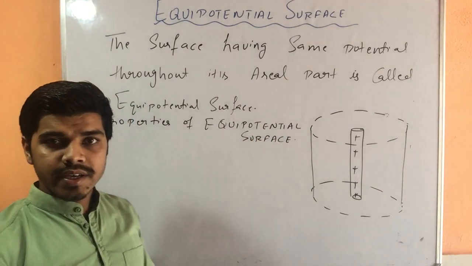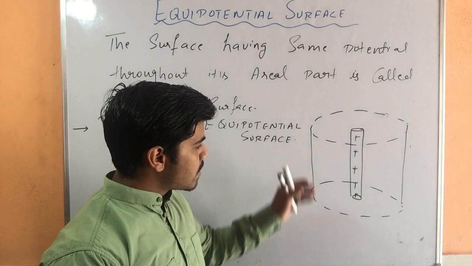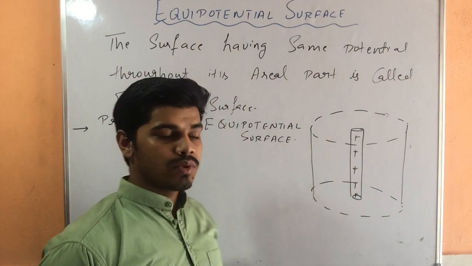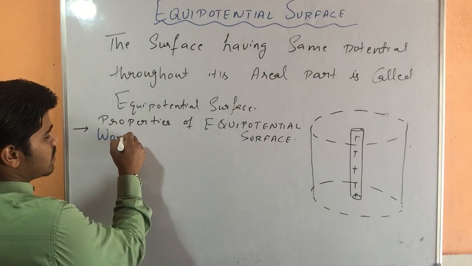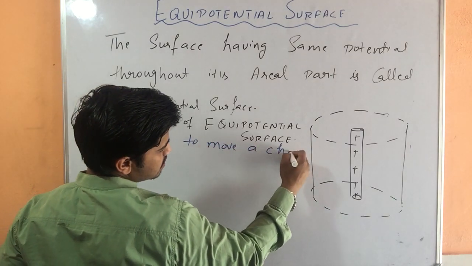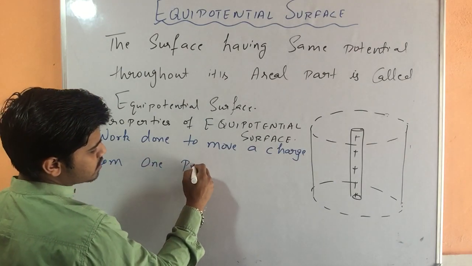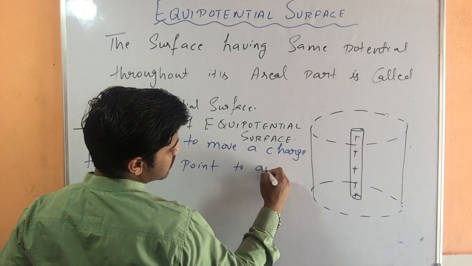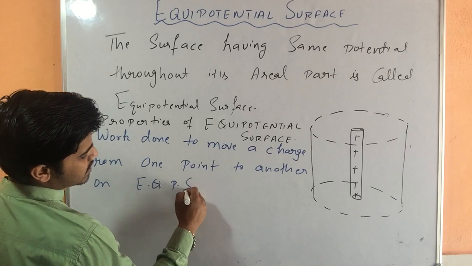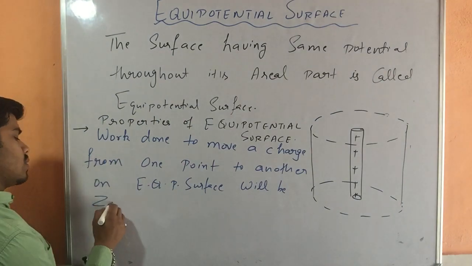The first property is: work done to move a charge from one point to another point on an equipotential surface will always be zero.